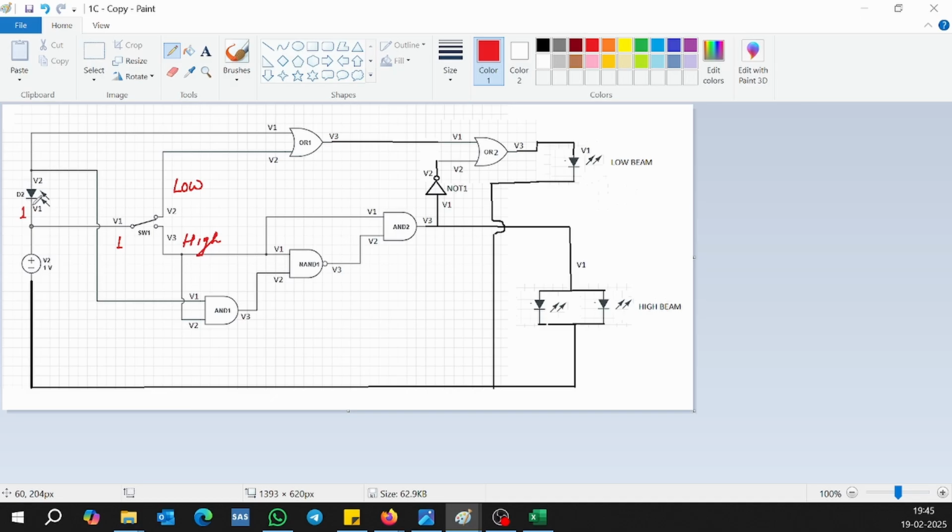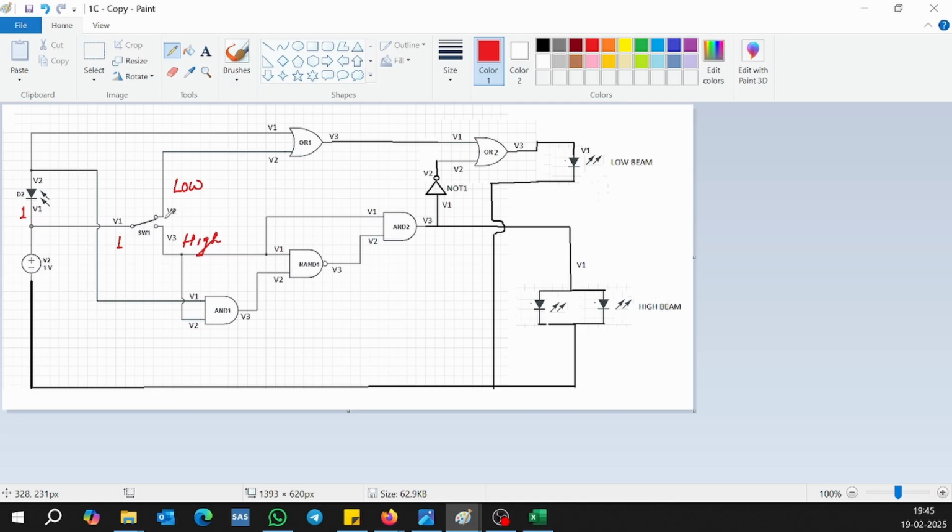So right now, there is no vehicle coming opposite, so this light sensor is actually not conducting electricity. Now the driver has positioned the switch towards the low beam side.